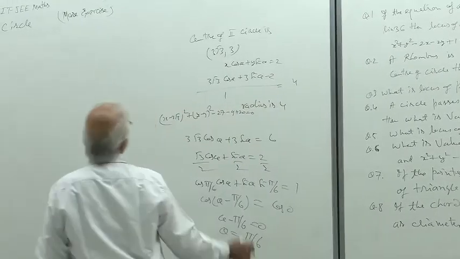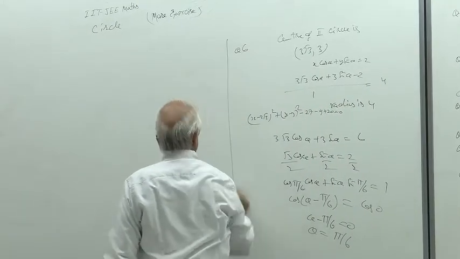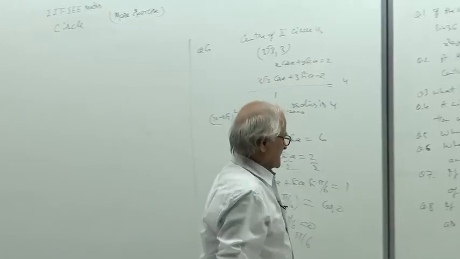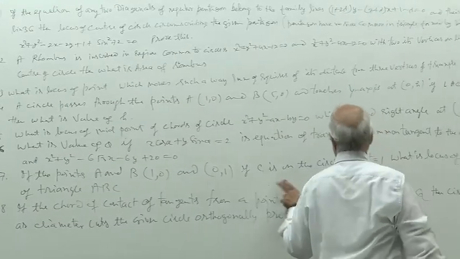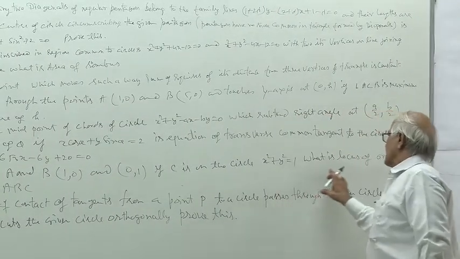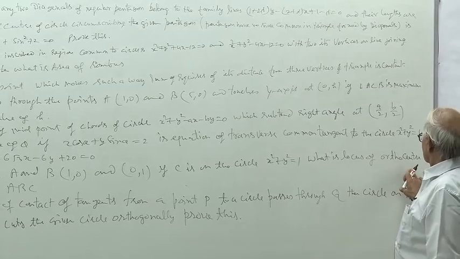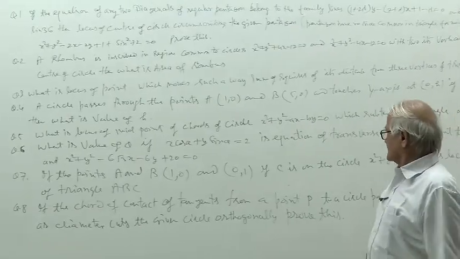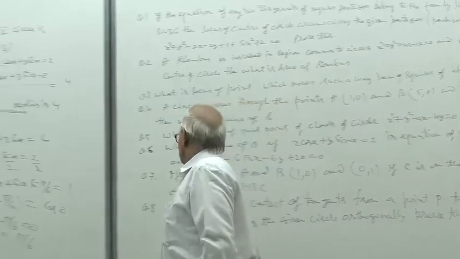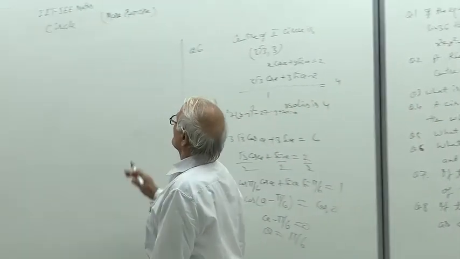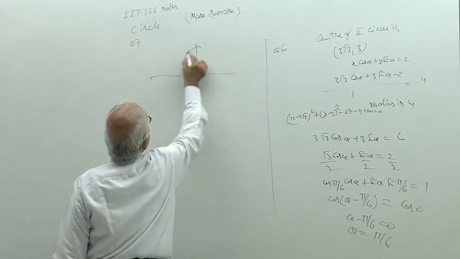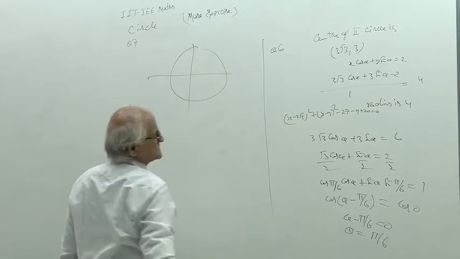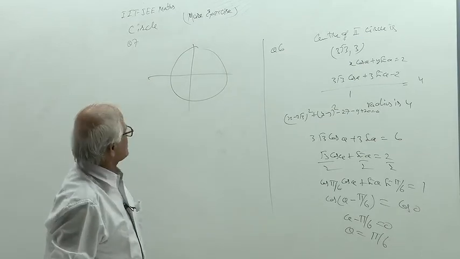Now we have solved question number 6. Now we solve question number 7. If the points A, B and C lie on the circle, what is the locus of the orthocenter? Now the circle is this, and this passes through 1, 0 and 0, 1.